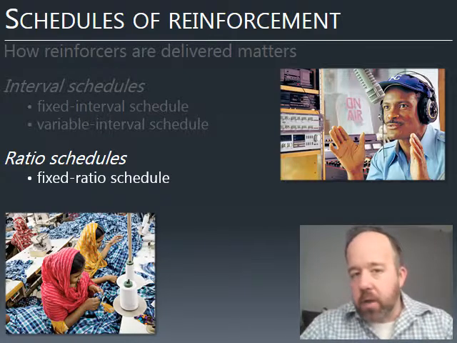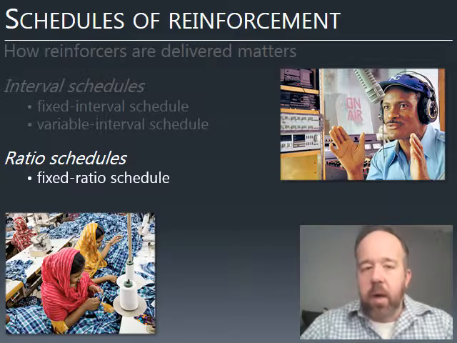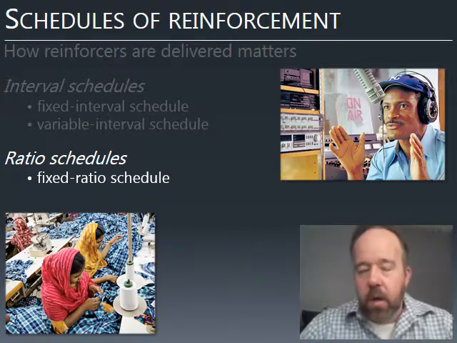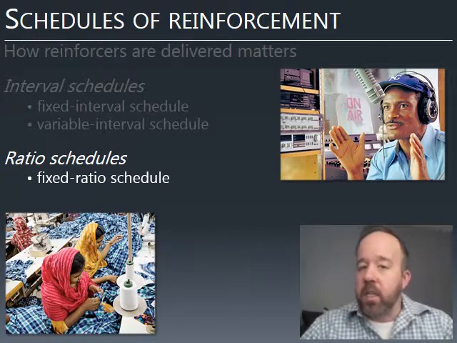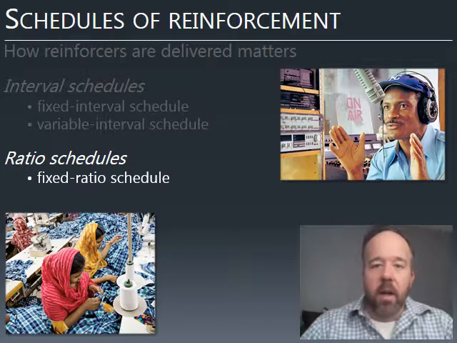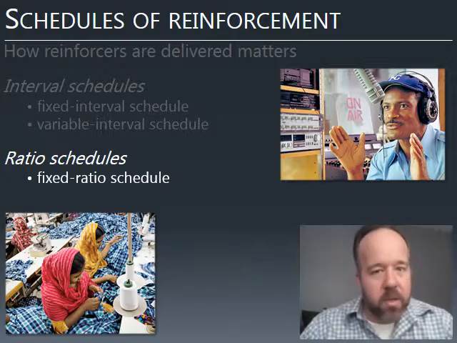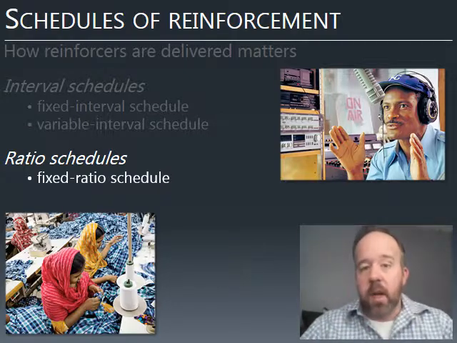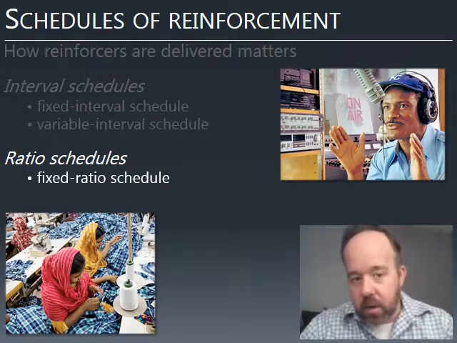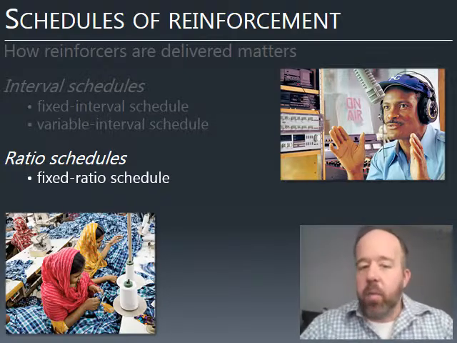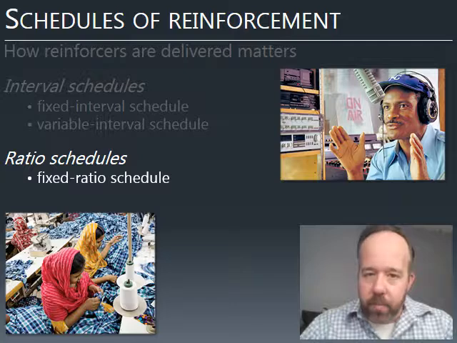So in a Skinner box, a mouse might press the lever over and over again, and it gets a food pellet for every 10th press. It doesn't matter how long it takes to exhibit that 10th press. Maybe it does it within 10 seconds. Maybe it presses once a second. Maybe it takes 2 minutes to make all those presses. Either way, on that 10th press, it gets a reward.